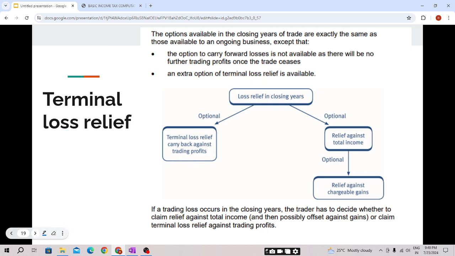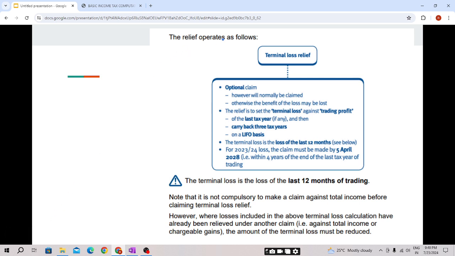Now moving to the rules. The relief operates as follows. Terminal loss relief. The claim is optional, however, it will normally be claimed, otherwise the benefit of the loss may be lost. The relief is to set the terminal loss against trading profits of the last tax year, if any, and then carry back 3 years on a LIFO basis.